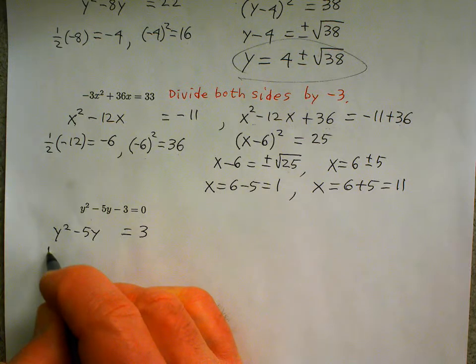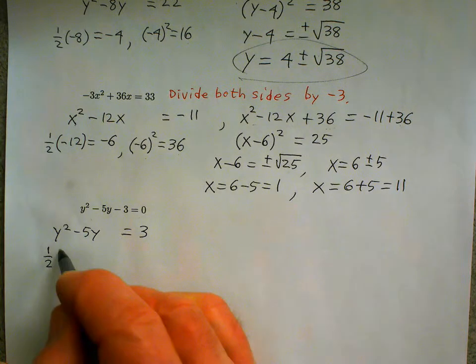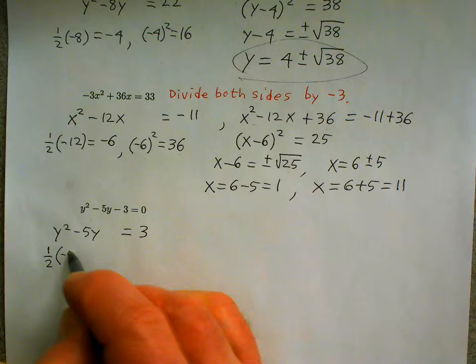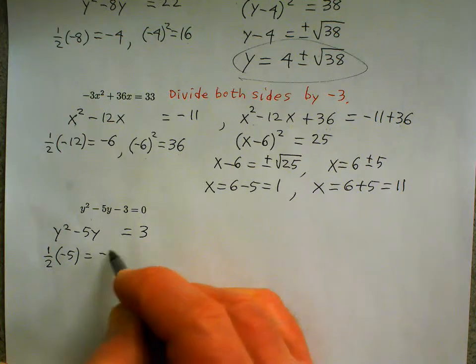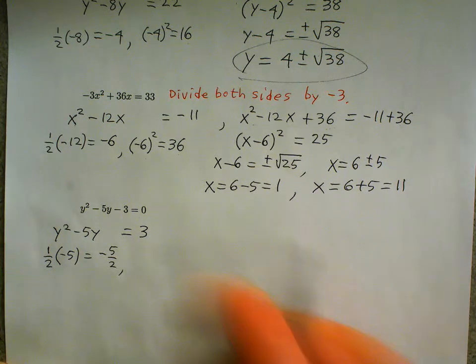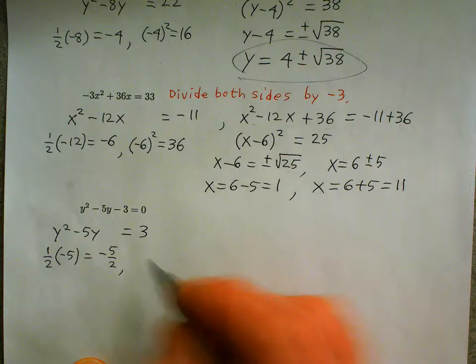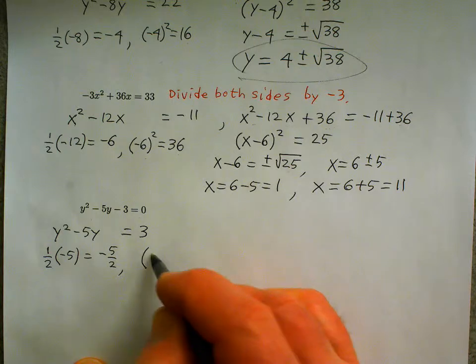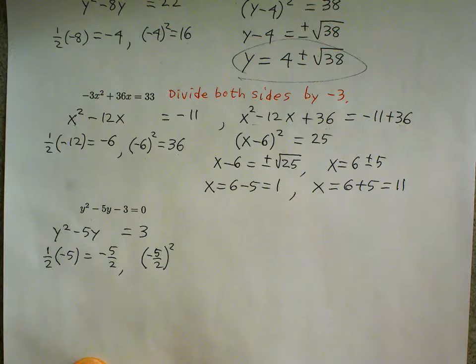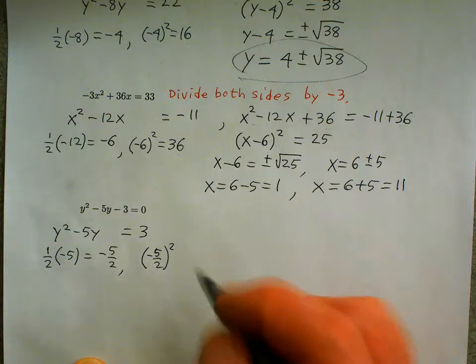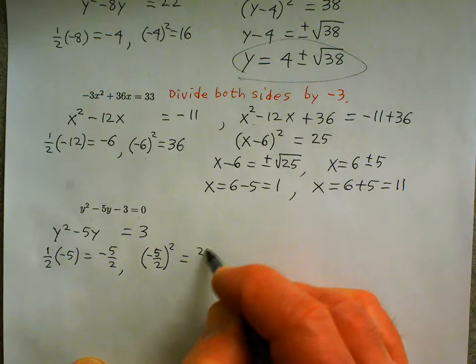and we take 1/2 of the coefficient of y. 1/2 of -5 is -5/2. Then we're going to square -5/2. -5/2 times -5/2 is positive 25/4.